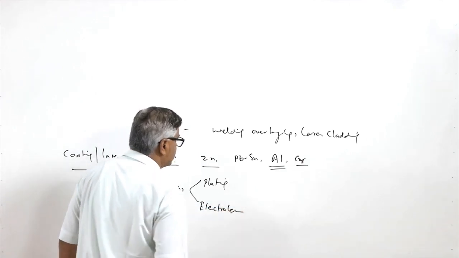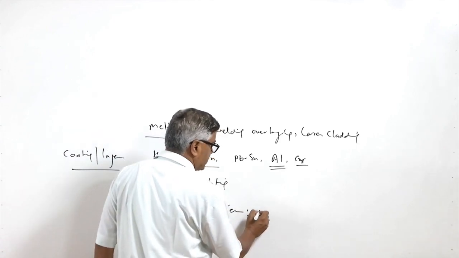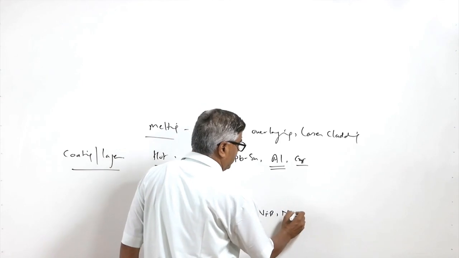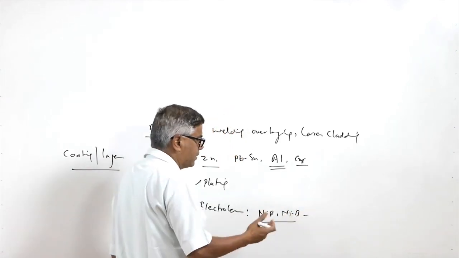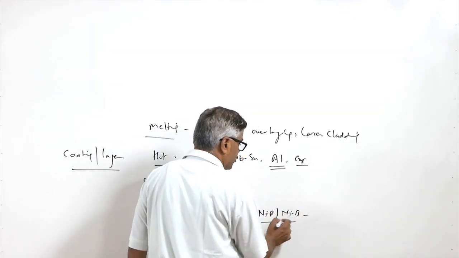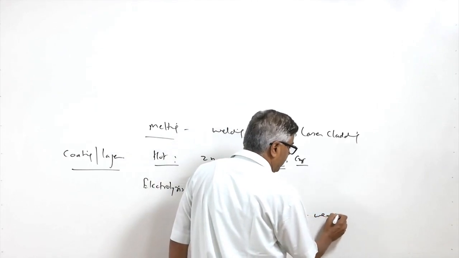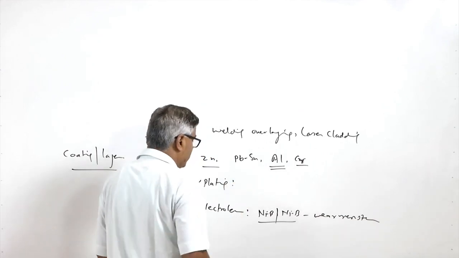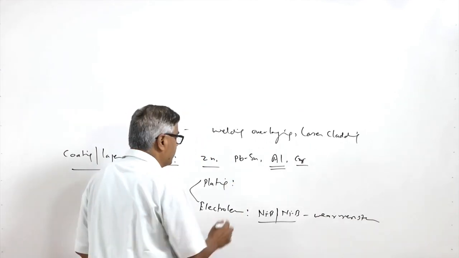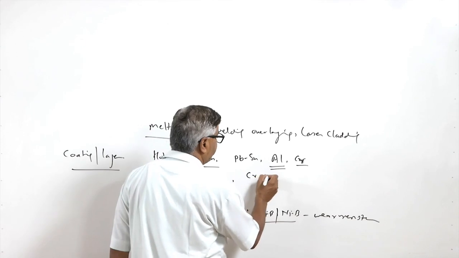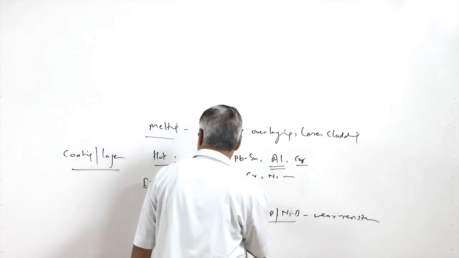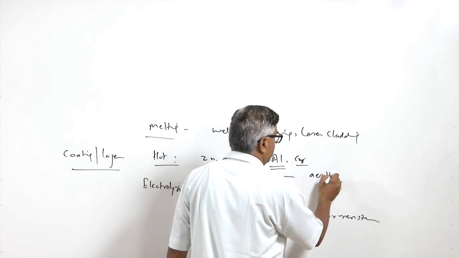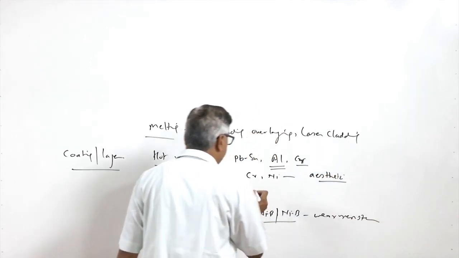In electroless coating, basically nickel phosphorus and nickel boron kind of compounds are deposited, mainly for improved wear resistance applications, while in plating a variety of materials are deposited, like chromium and nickel coatings through electroplating for aesthetic improvement.